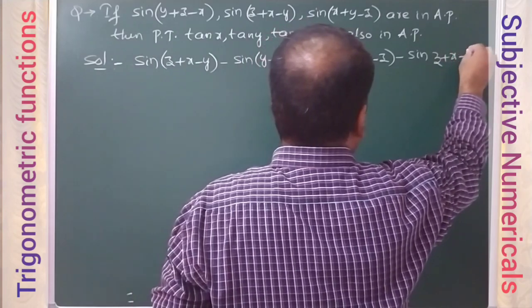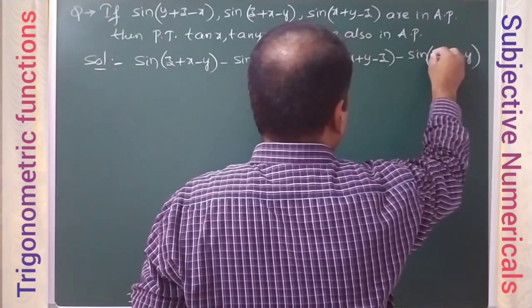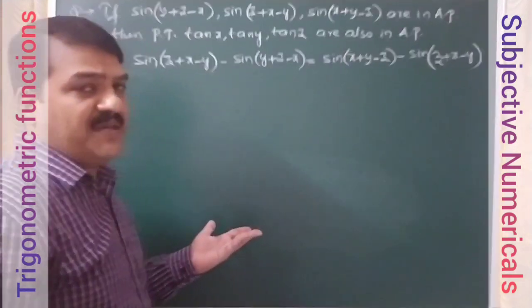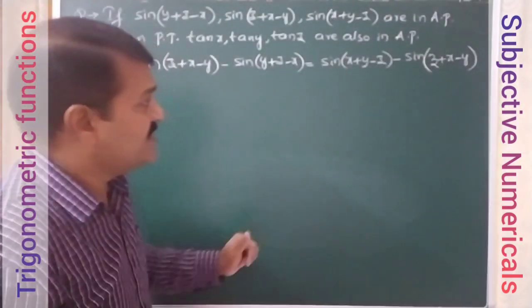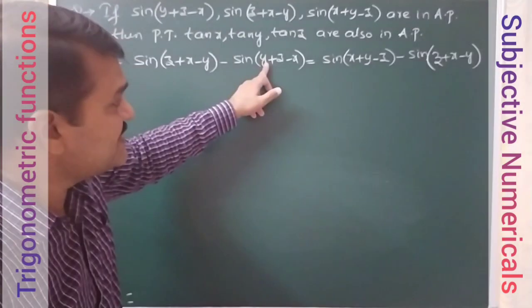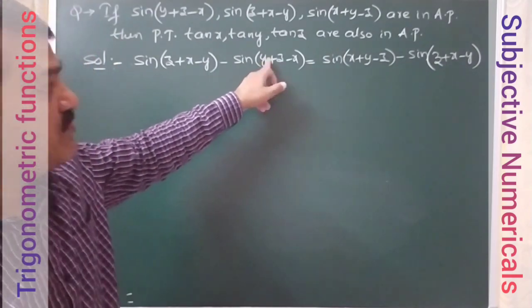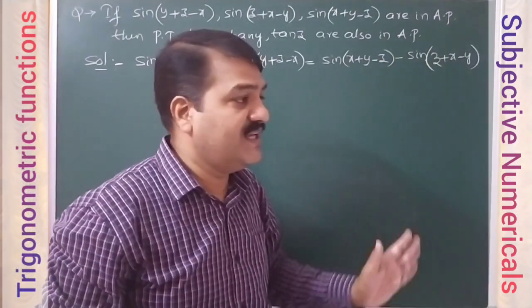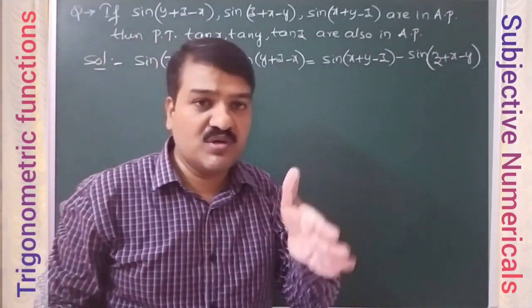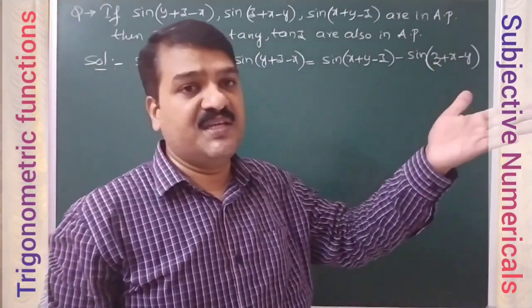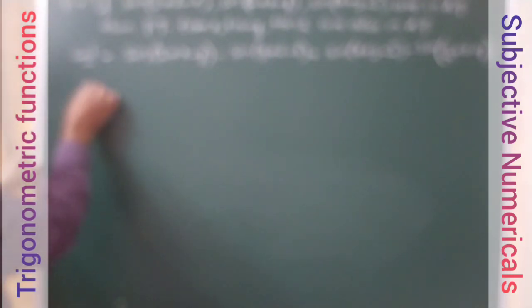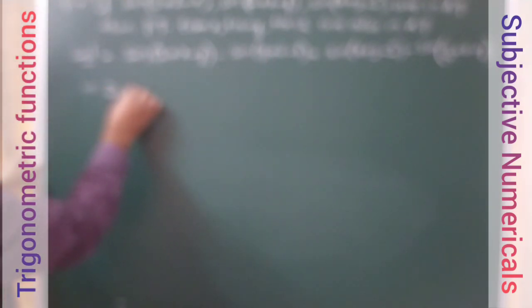So we can write like this, just using the AP condition. Now both in LHS and RHS we have the sin C minus sin D application. So what is the formula? 2 cos((C + D)/2) sin((C − D)/2).